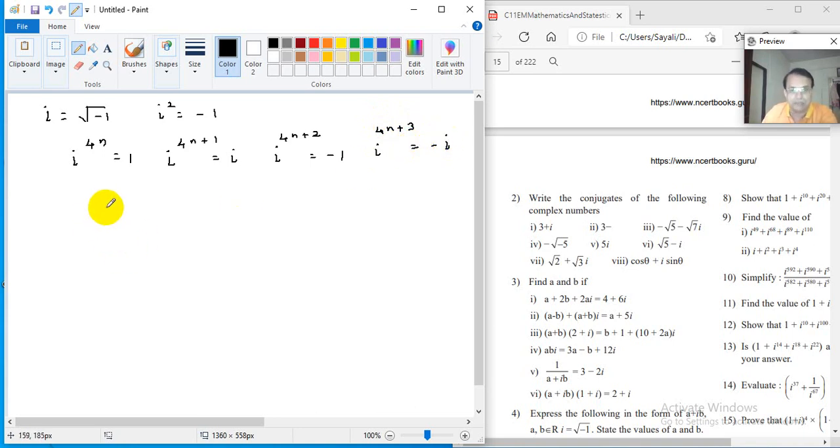Now, when any power is given, I have to check whether it is of the 4n type. Being of the 4n type means it is divisible by 4. So if you are asked what is i raised to 253, it is not difficult, because you can write 253 as 252 plus 1, and 252 is divisible by 4, means it is of the type 4n plus 1, and so it is i.